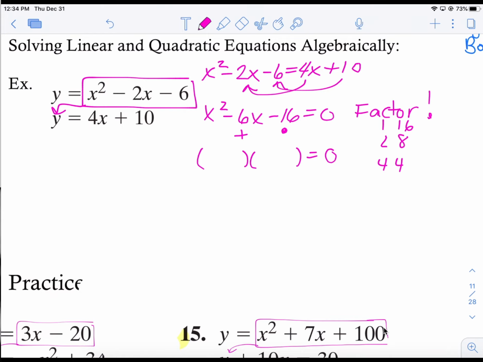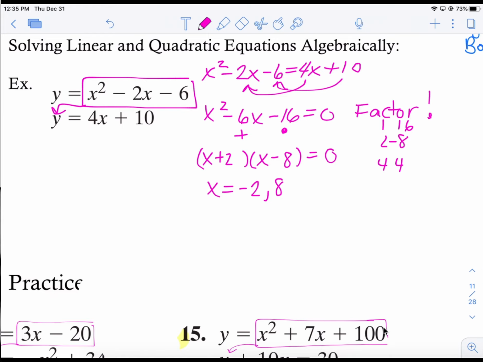I need the signs to be different. If I made the 8 negative, so x plus 2 and x minus 8, that would give me a negative 6. Remember that when you solve by factoring and switch to your x equals, you have to change your sign. So x equals negative 2 because it said x plus 2, and x equals positive 8 because it was a minus 8.